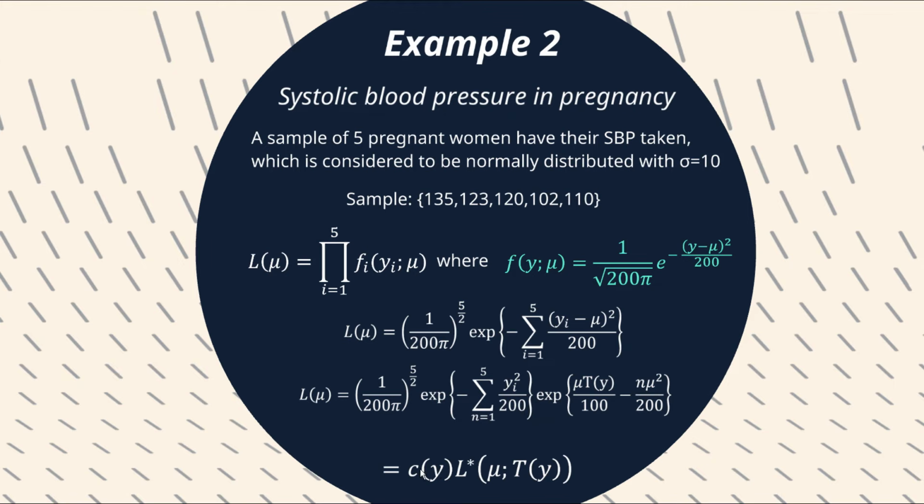We've separated it into a part of the likelihood that relates only to y, which is the fixed part, and then the other part which relates to theta, but through some kind of statistic involving y. Although here, just note, we haven't used theta, we've used the more specific parameter, in this case, mu.